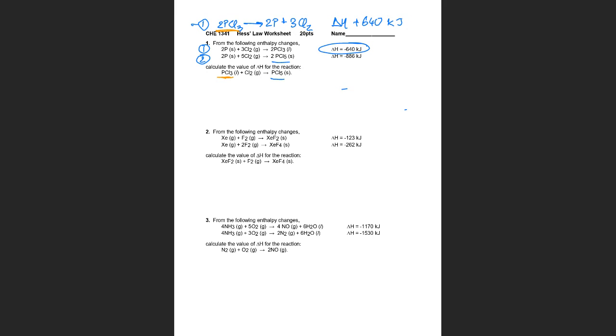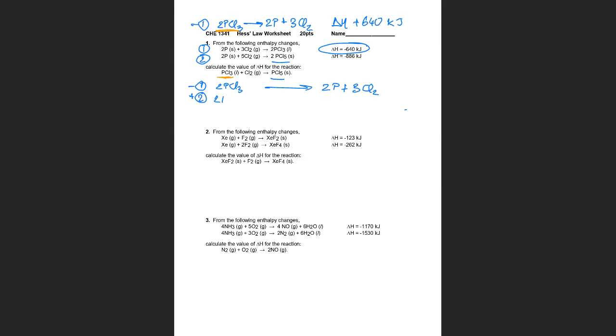So now I have line -1, and I'm going to add line 2 to it. And line -1 says 2 PCl3s makes 2 Ps and 3 Cl2s.